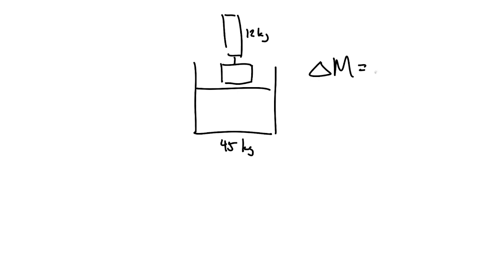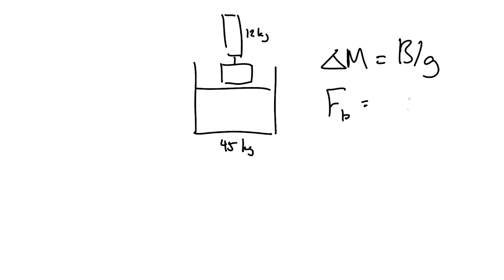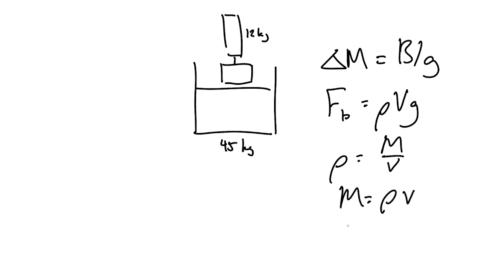And we can first say that our mass is going to be equal to rho V g, right? Our rho V is going to be our buoyancy divided by our gravity, because our buoyancy force, remember, is equal to rho V g, and we know that density is equal to mass divided by volume, and we can just use a little bit of math to determine that mass equals our density times our volume, which we can plug back in here.